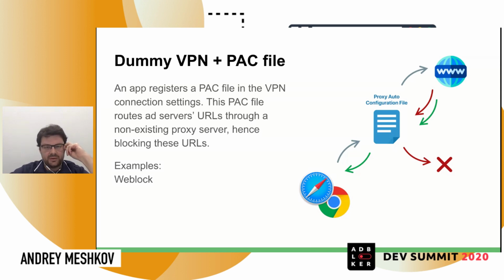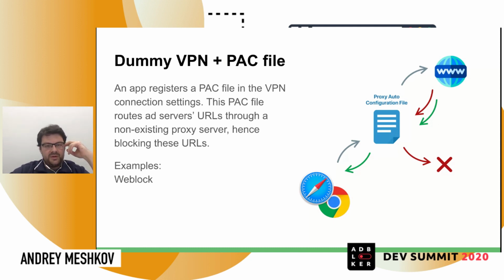And here's how a content blocking PAC file does that. If a URL should be blocked, the PAC file routes it through a non-existing proxy server. So the connection fails, and voila, the URL is blocked. All other URLs simply aren't routed through any proxy, so these connections continue to work.